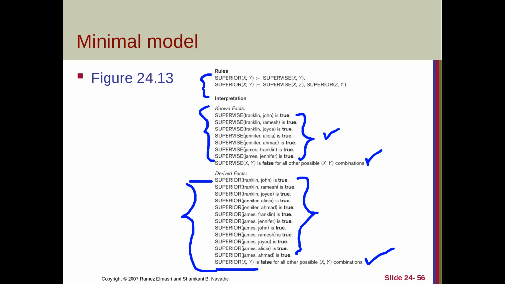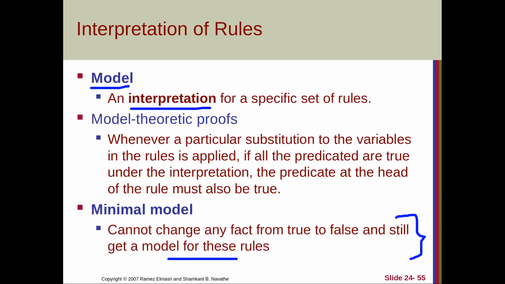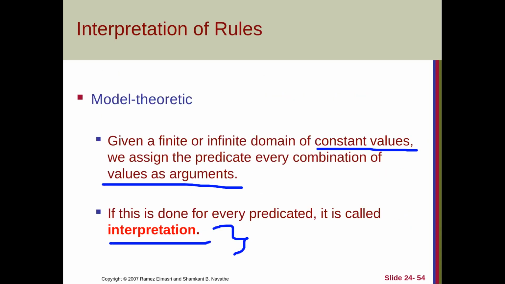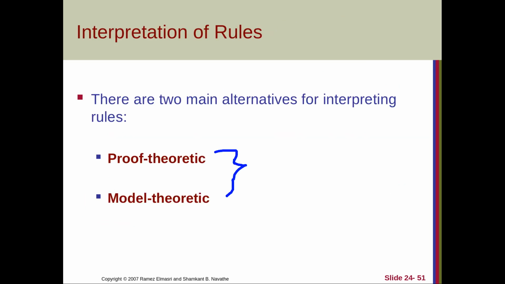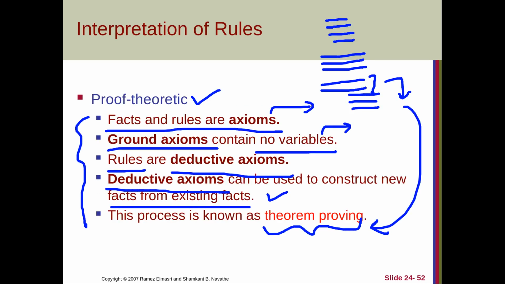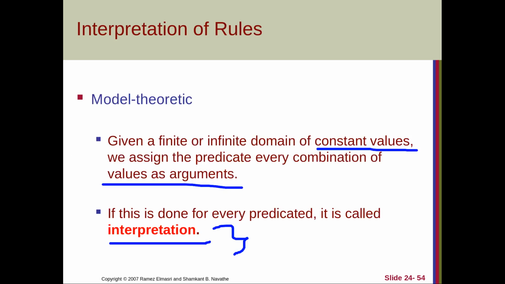Then we saw the representation of different elements in Datalog, what a closure form and Horn clause are in short, and the interpretation of rules using two methods: proof theoretic and model theoretic.